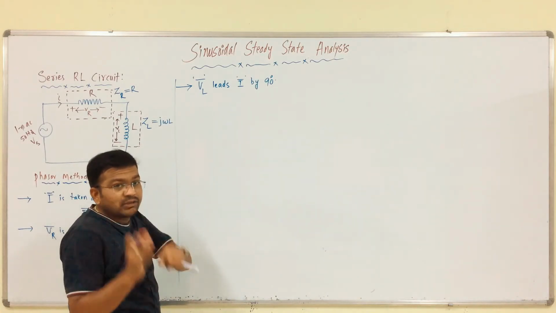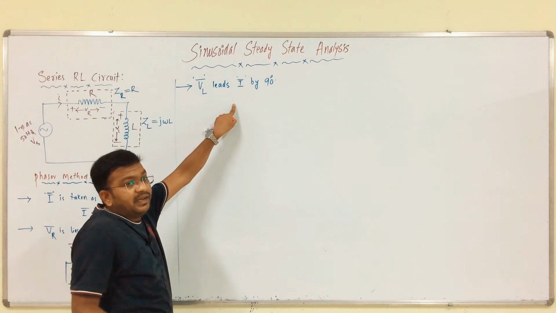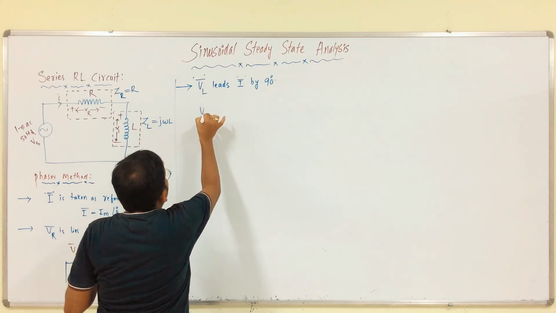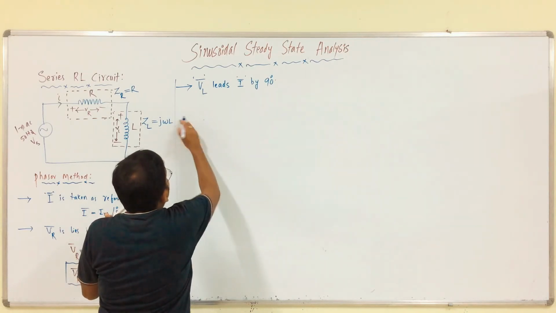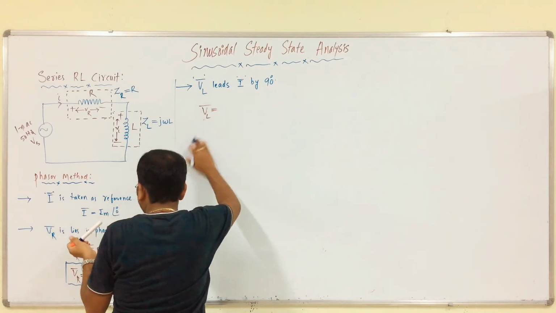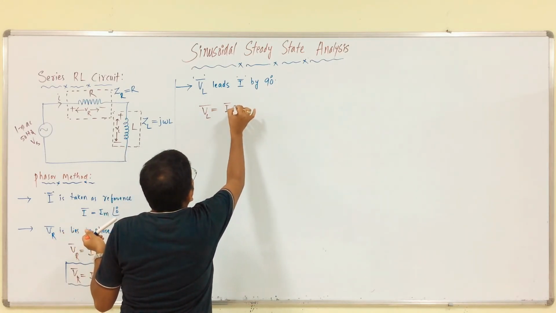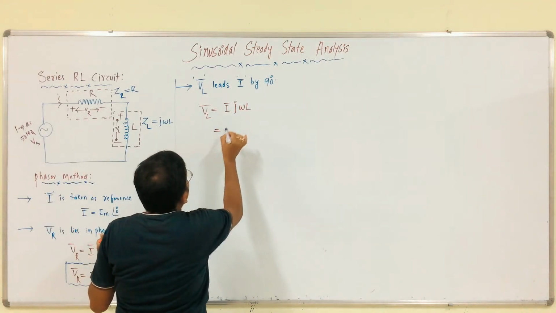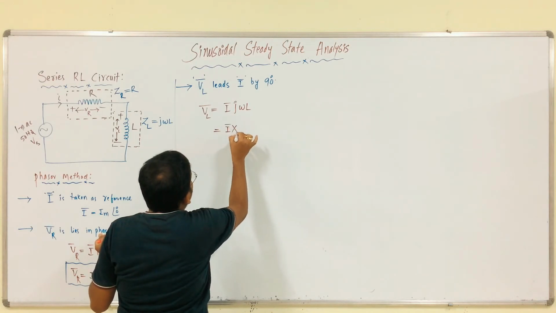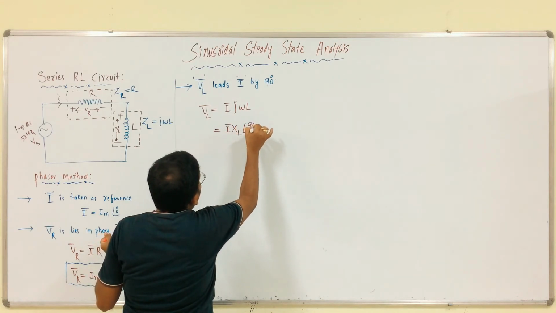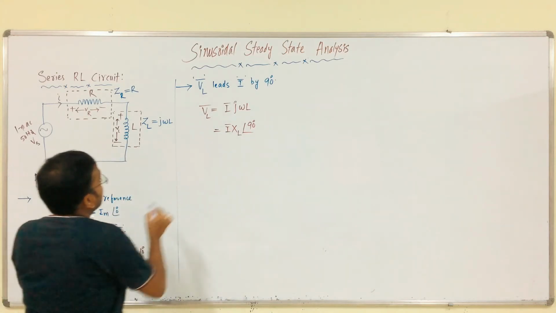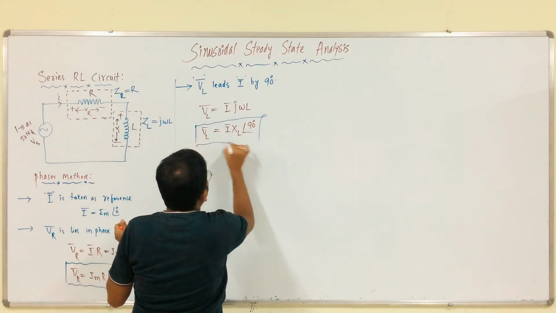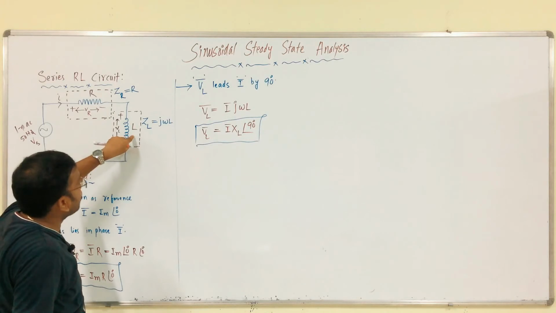So if we consider a pure inductive circuit, voltage leads current by 90, or current lags voltage by 90. Clear? So from this, VL can be written as I j omega L, which is equal to I times XL at an angle 90 degrees. This is about VL. Clear? With respect to phasors, this part as well as this part is completed.